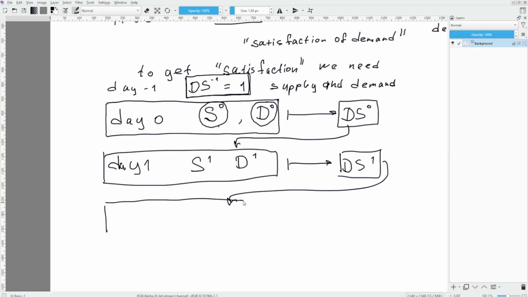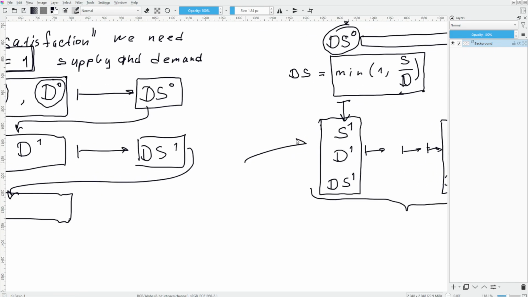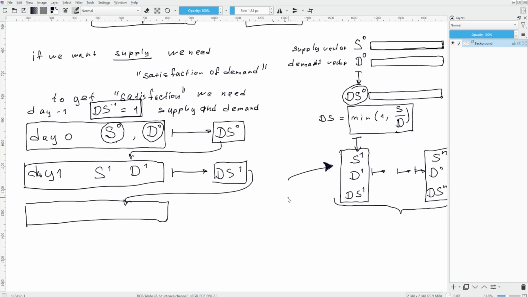You can notice that essentially we are doing exactly the same thing as before, but we are spreading this process over time. We don't care about matching demand and supply in an exact way.